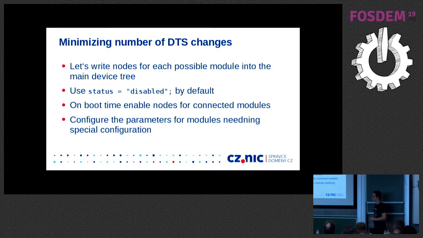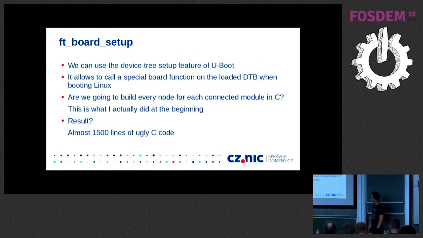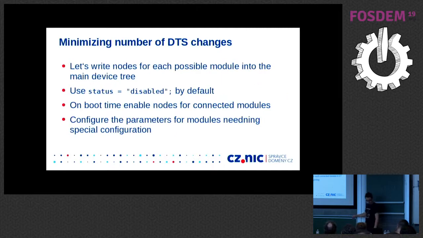And at boot time, U-Boot in this ft_board_setup function will just look at the SPI line, discover which modules are connected, and change the status to okay on those nodes which are connected. And also, sometimes it has to change something more, because of what I talked about some slides ago, because some modules need special configuration because of the position where they are.